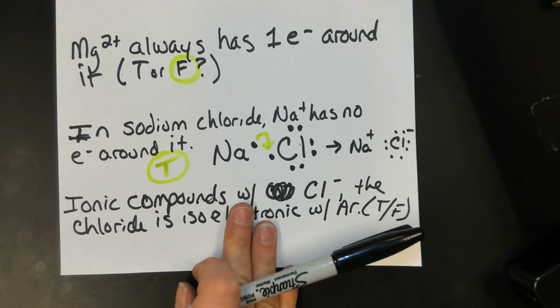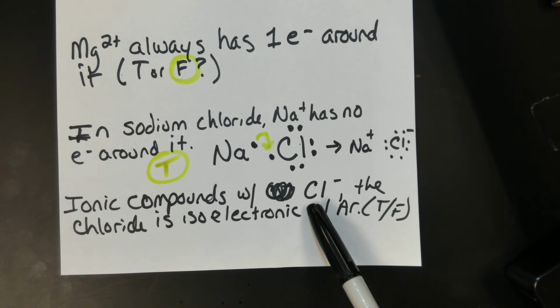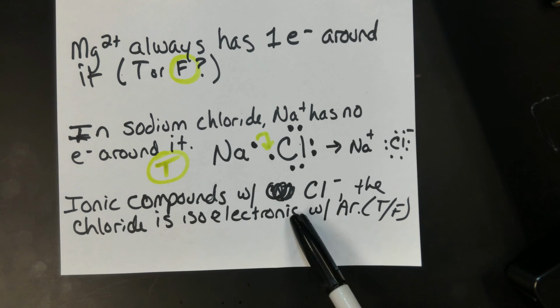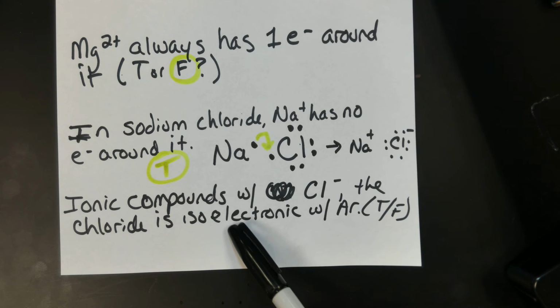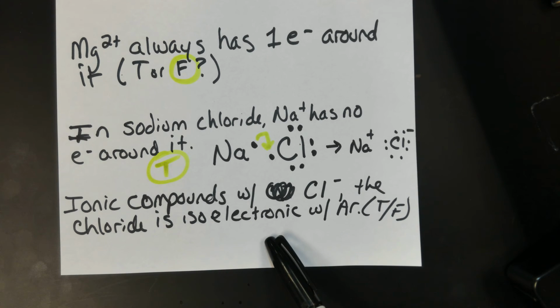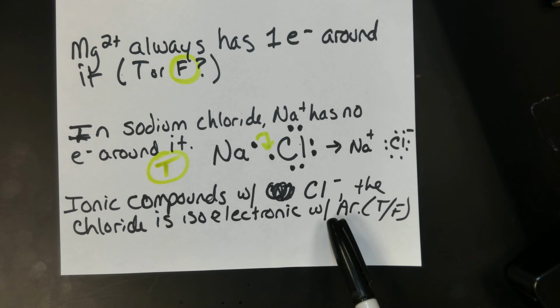So ionic compounds with Cl minus, the chloride is isoelectronic with argon. So remember, isoelectronic means that it has the same electron configuration. Remember, 1s2, 2s2, 2p6, 3s2, right? It has the same electron configuration.